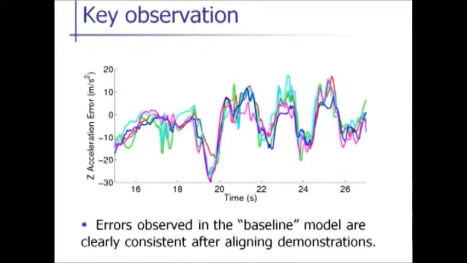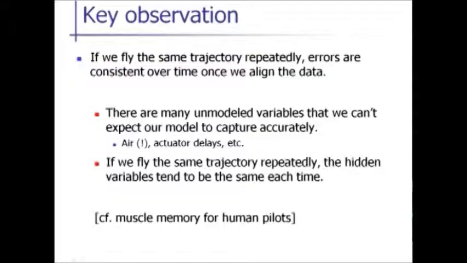As a side effect of the alignment algorithm described earlier, we have a way of aligning these errors. This gives us some insight into how we can use these errors to get a better model. We've got these trajectories we want to follow, and we know that it's going to be off by 3 Gs at this point in the trajectory, so we can just add that in. If we follow the same trajectory repeatedly, the errors are consistent over time after the alignment of the data.